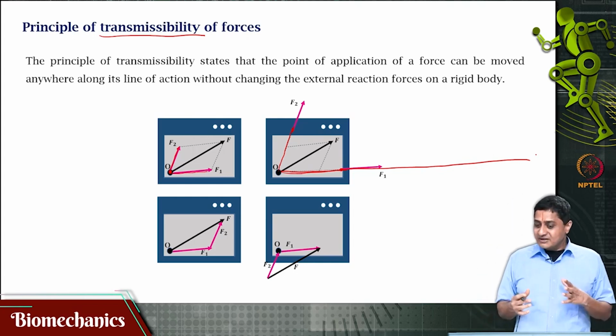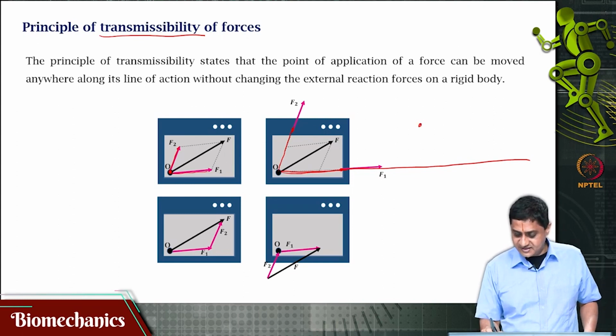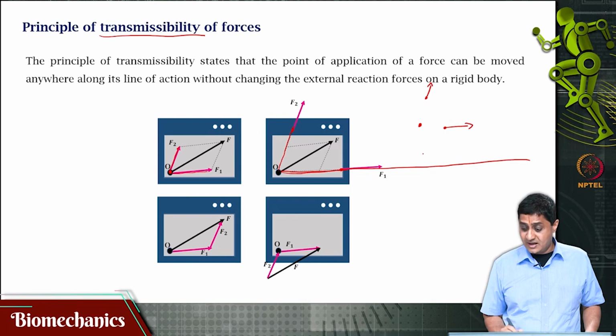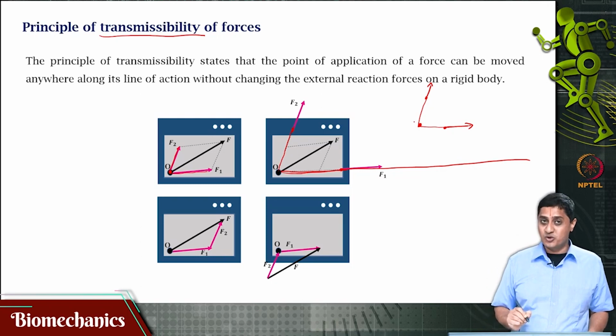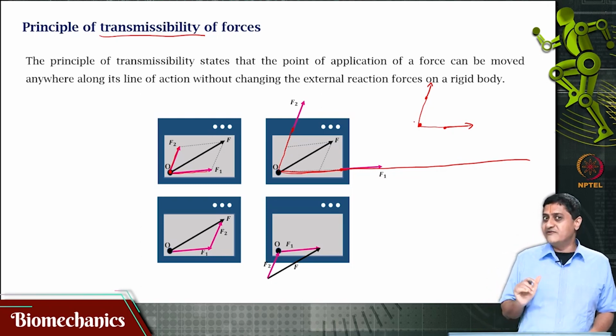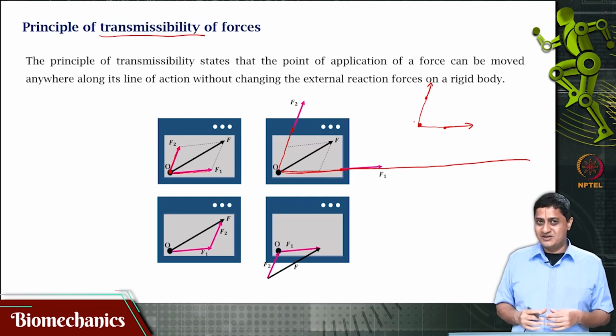That also means that if there is this point O and one force is acting in this direction and one force in that direction, I could bring this force to act from O and this force also to act from O. That is a very convenient notation change that I could make that will make my analysis simpler.